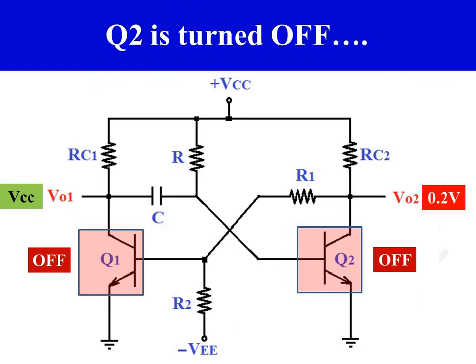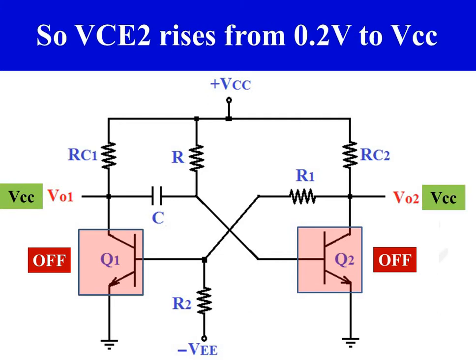As transistor Q2 is turned off, its collector voltage rises from 0.2 to plus VCC, and as collector voltage of transistor Q2 is at plus VCC, base emitter junction voltage of transistor Q1 becomes positive, greater than 0.7 volt. So transistor Q1 is turned on.